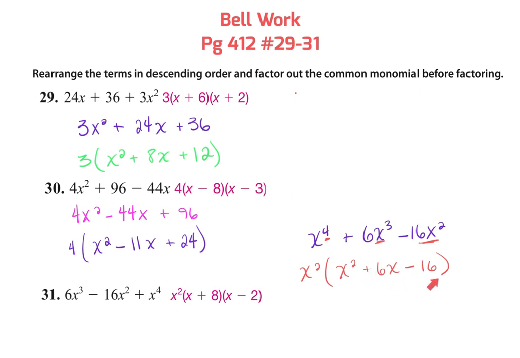If I have a positive 8 and a negative 2, that would be a positive 6. So a positive 8 and a negative 2 will add to give me 6, and they will multiply to give me negative 16. That is what I'm going to put in here. And again, you could say x minus 2, x plus 8. The order doesn't matter as long as the plus is with the 8 and the minus is with the 2, and as long as I left that x squared on the outside there.